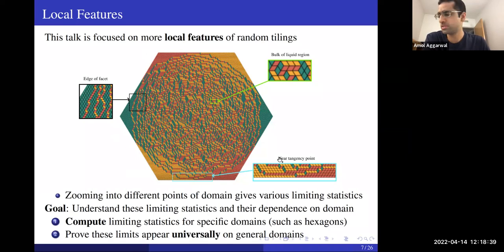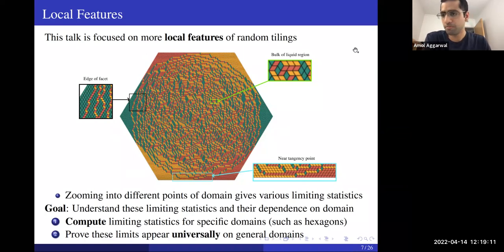Yet another example is near the tangency location, since the Arctic boundary might be tangent to the domain at certain points, and there we'll see a different type of behavior, which is that I see a few lozenges of one type. So here I'll see a few green lozenges, and I'll see a bunch of lozenges of the other types. And we'll be interested in understanding how the green lozenges are distributed in this sea.